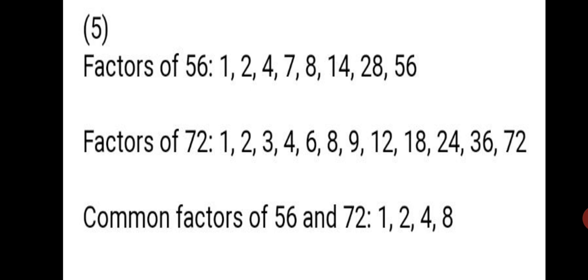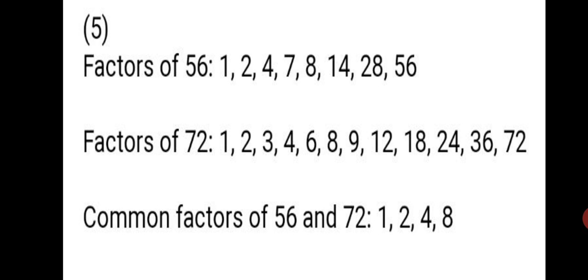Fifth sum, factors of 56. Start with 1 into 56, then start with 2. If you don't know 2 into which number gives 56, divide 56 by 2 in the rough and check. 2 into 28 will give you 56. 4 into 14, 7 into 8.